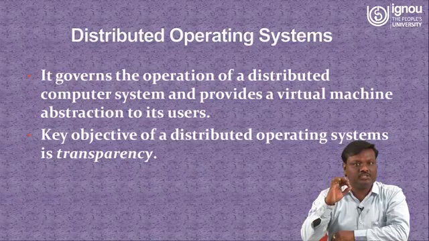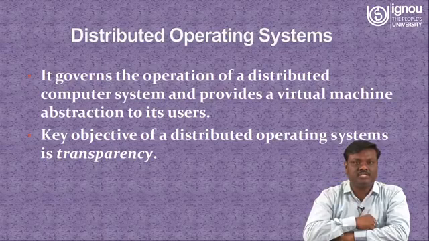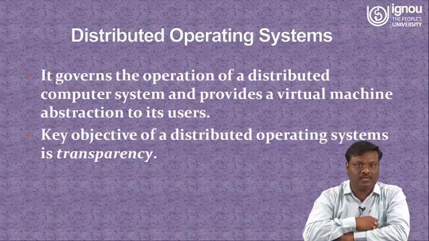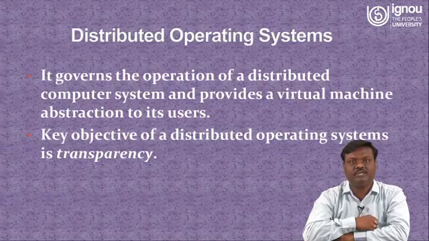So the key objective we have to understand here is that distributed operating systems have transparency. When we talk about distributed operating systems, all the applications that come under e-commerce, like the Amazon application, Flipkart applications, or Facebook and whatever social media applications we are talking about, all these have distributed operating systems.